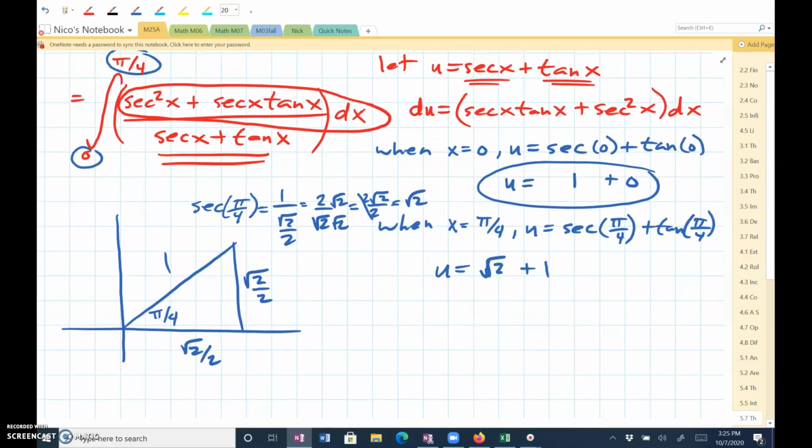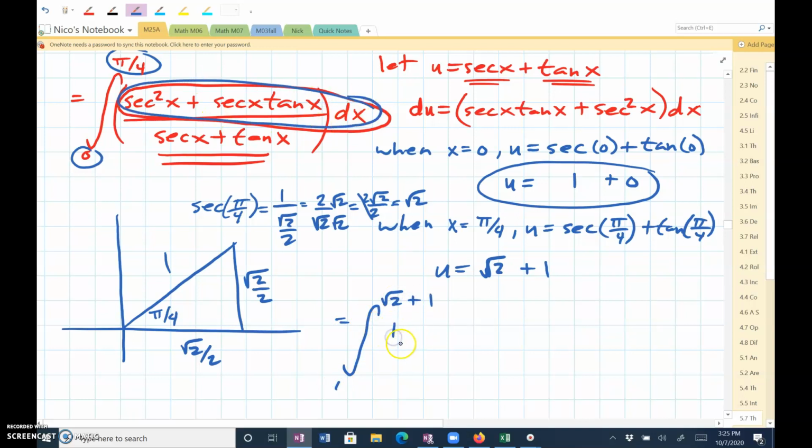So now I got the limits of integration from 1 to the square root of 2 plus 1. All of this is 1 du over u. Antiderivative would be the natural log of the absolute value of u.